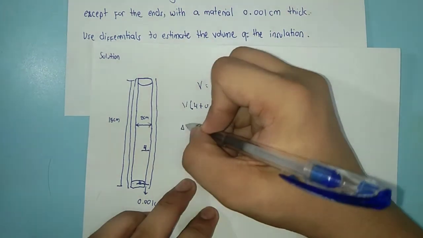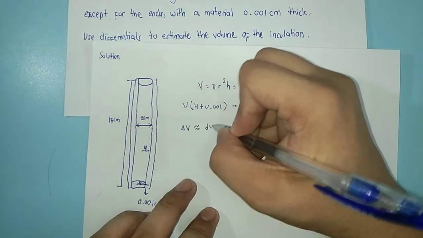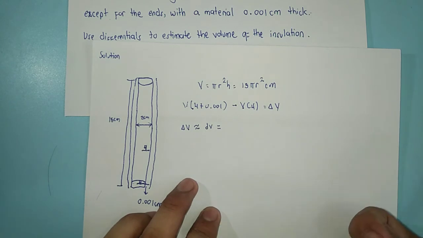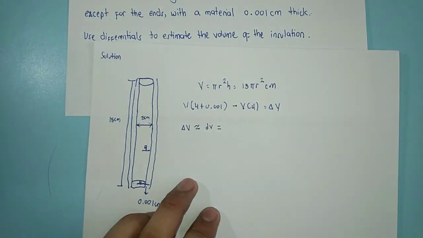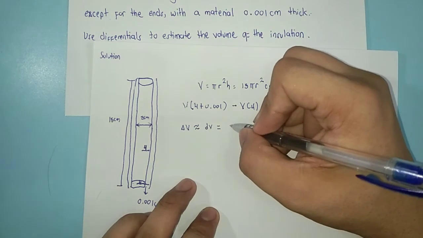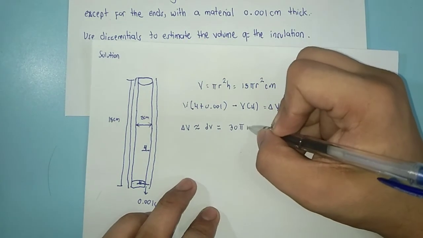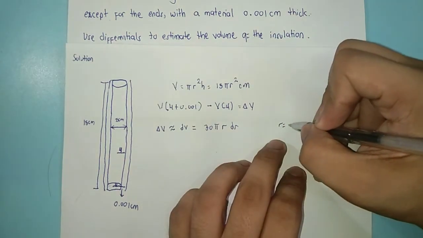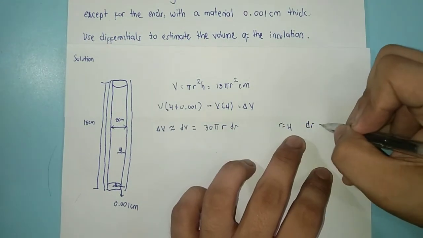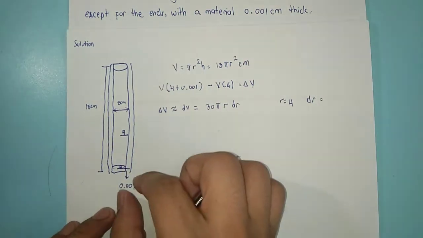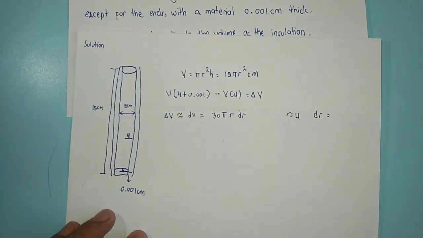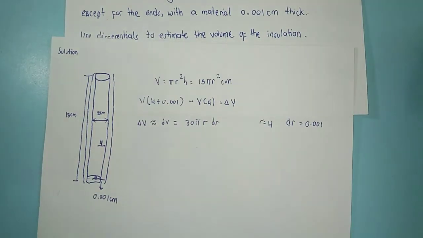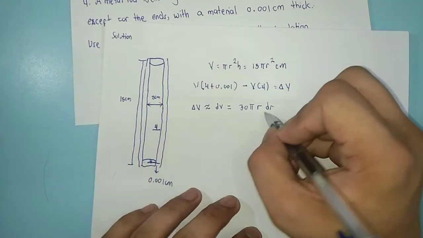So, delta V approximately equal to dV. Kukunin natin yung derivative with respect to r, so that is 30 pi r dr. Ano yung r natin? Yung r natin ay 4, yung dr natin, change in r, that is 0.001. Ito yung nadagdag.